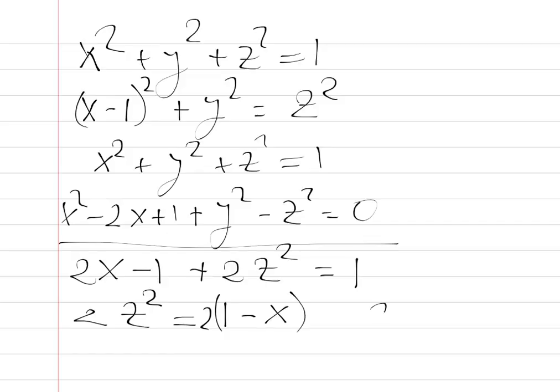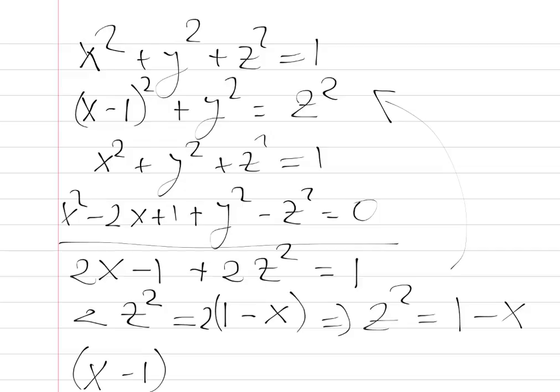Or z squared equals 1 minus x. We now replace this back into this equation and have (x minus 1) squared plus y squared minus z squared, but instead of z squared we're going to put 1 minus x, is 0.